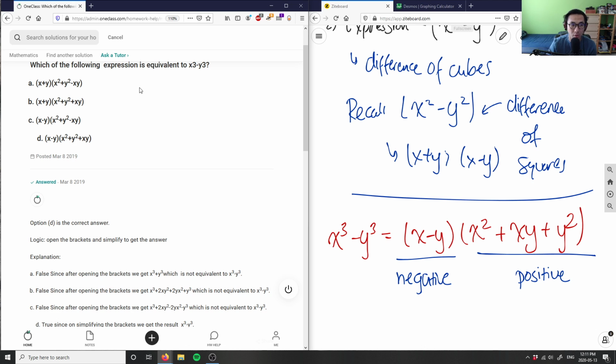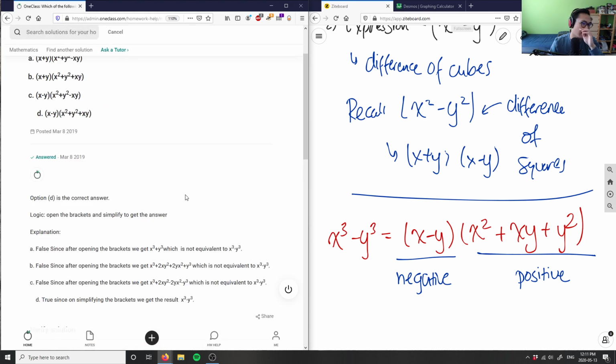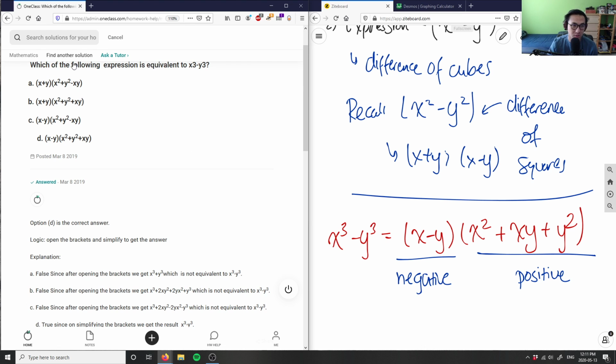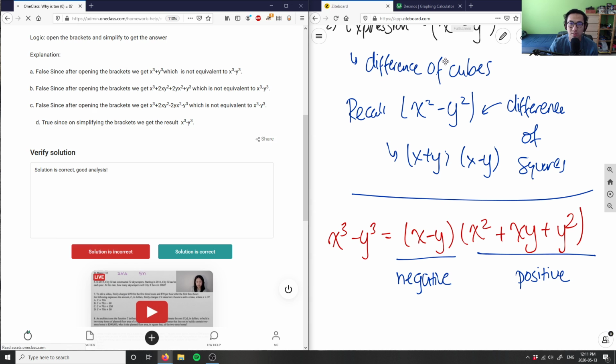So this would have been equivalent to x cubed plus y cubed. So the solution is correct. There's good analysis as well. And you could always take the long route and expand the brackets, and you'll figure out that D is the only correct answer. So the solution here is correct.